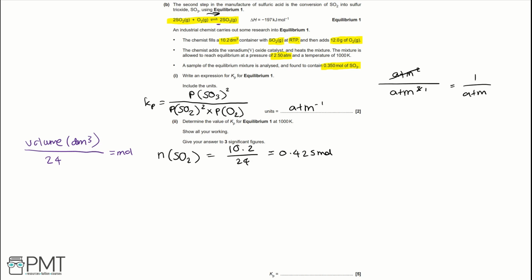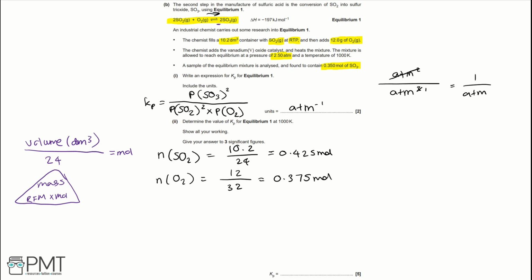Then we're going to use the equation triangle of mass divided by relative formula mass equals moles, to work out the moles of oxygen. So the moles of oxygen will be 12 divided by 32. 32 is the relative formula mass of O2. And that's going to equal 0.375 moles.